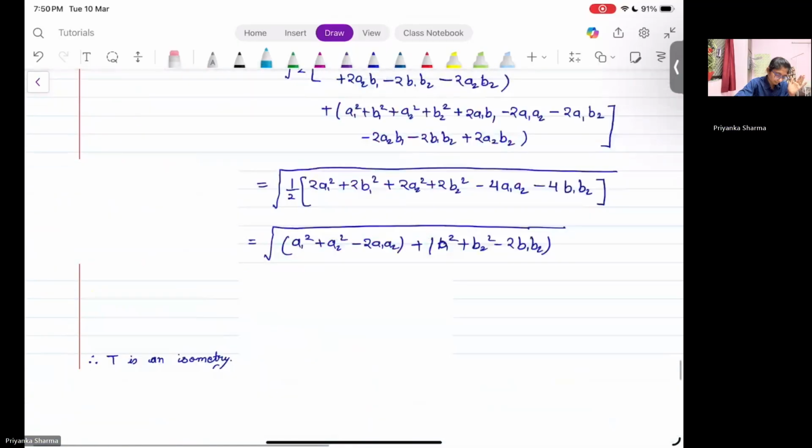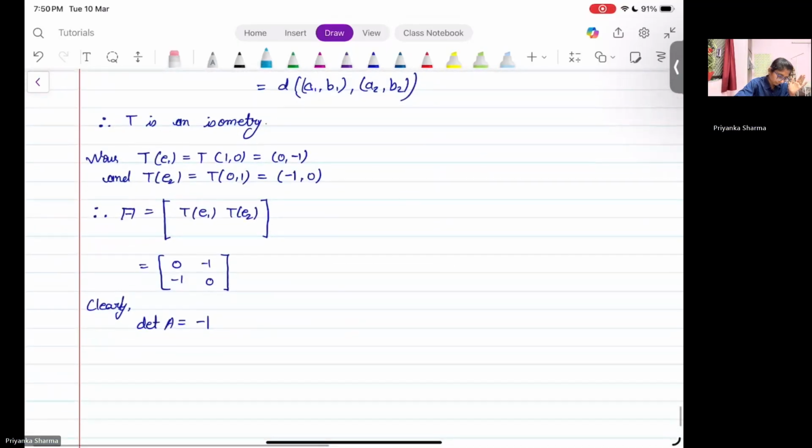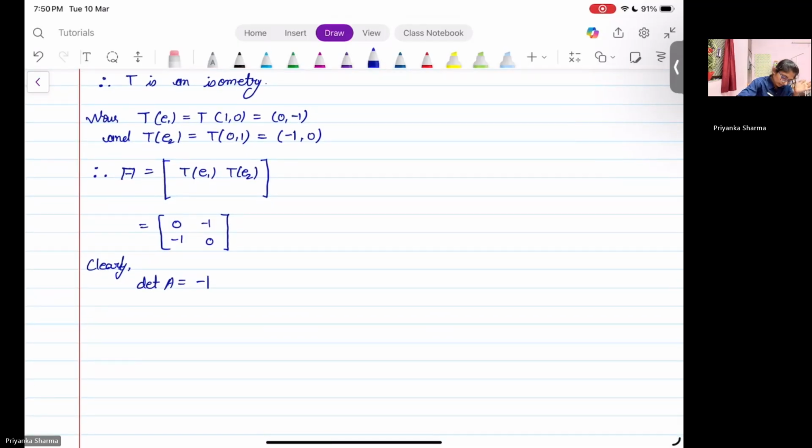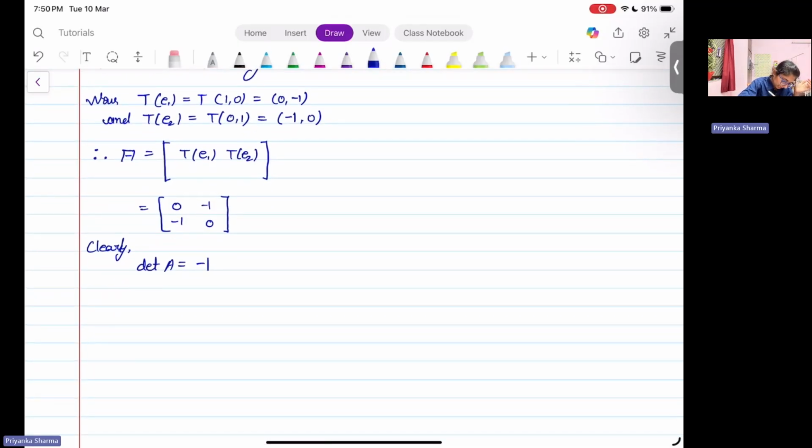So we conclude here that A is a reflection, is the first conclusion.